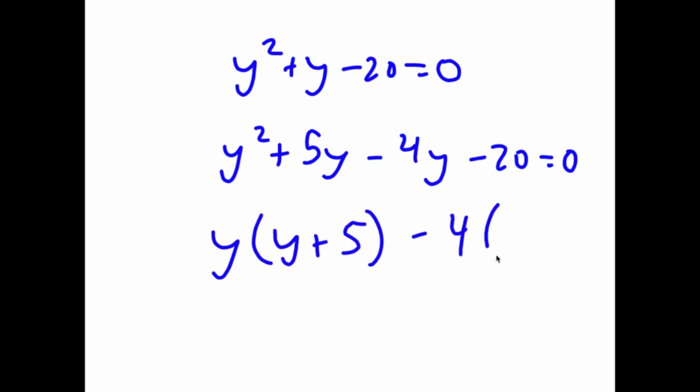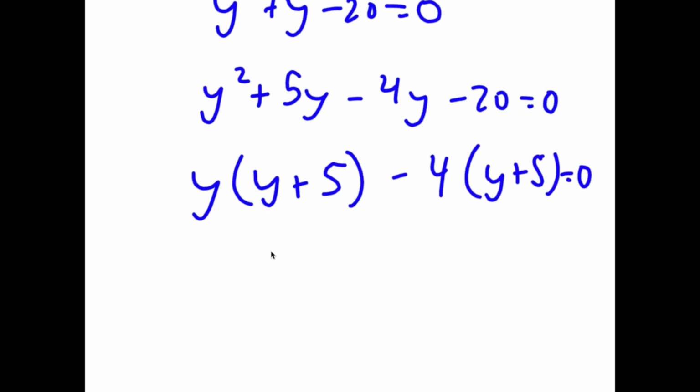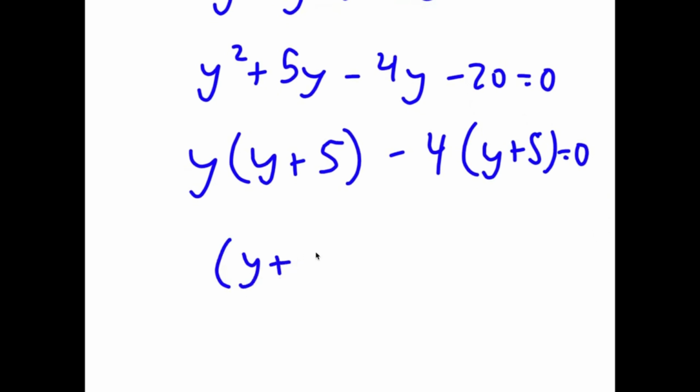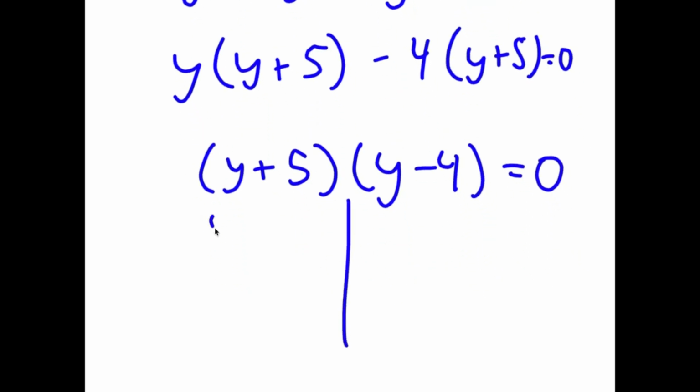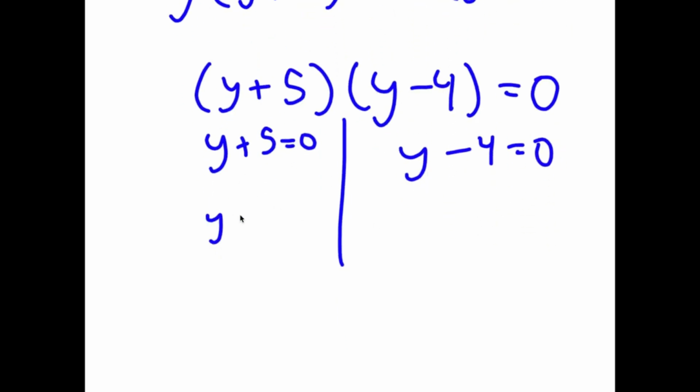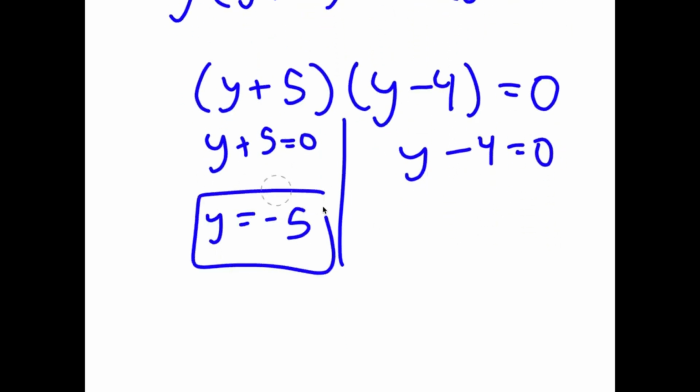And if I factor out negative 4, I get negative 4 times y plus 5 is equal to 0. So now I have y plus 5 times y minus 4 is equal to 0. So now this gives me two equations. I have y plus 5 equals 0, and I have y minus 4 is equal to 0. So y plus 5 I can turn into y equals negative 5, and y minus 4 I can turn into y equals 4.